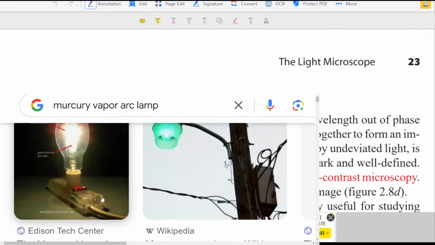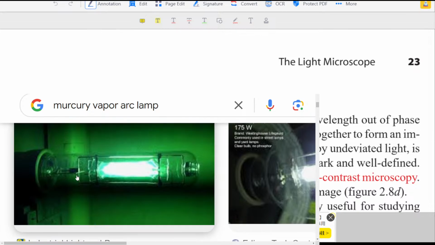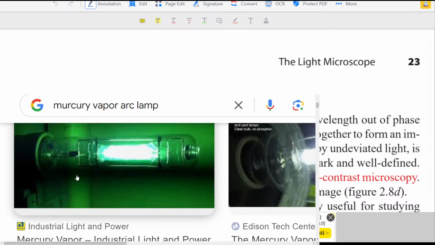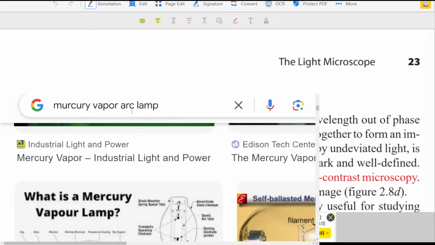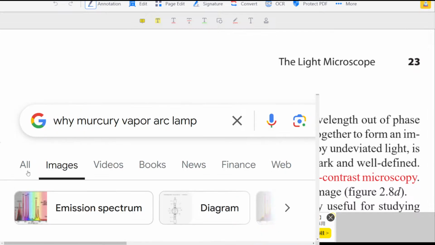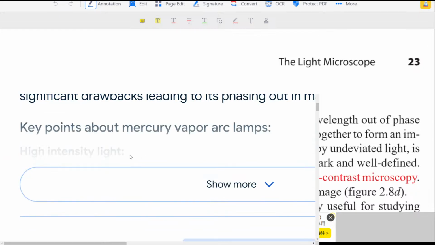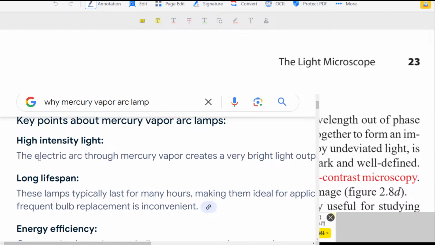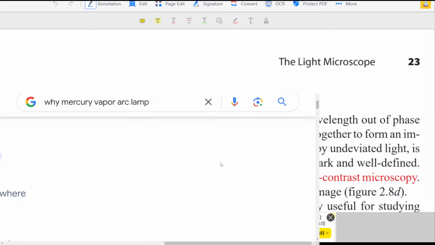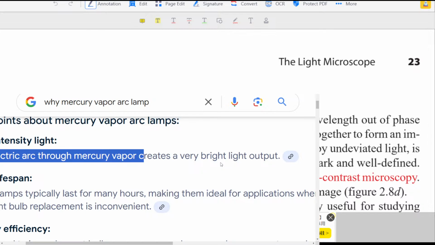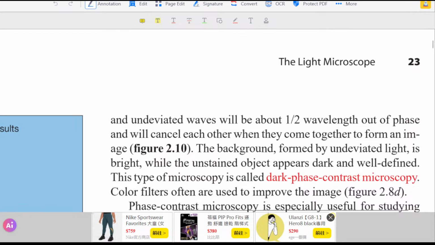The filament in the lamp breaks down the vapors and produces ions and produces light. But why use mercury? It produces an intense beam of light, high intensity light. Right here you can see the electric arc that mercury vapor creates, a bright output. Okay, so this is how it works.